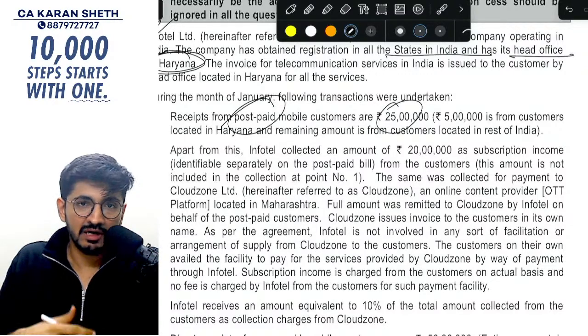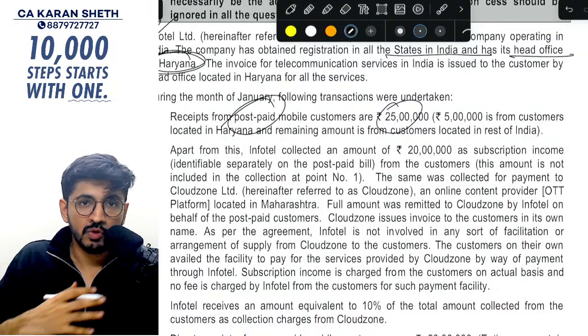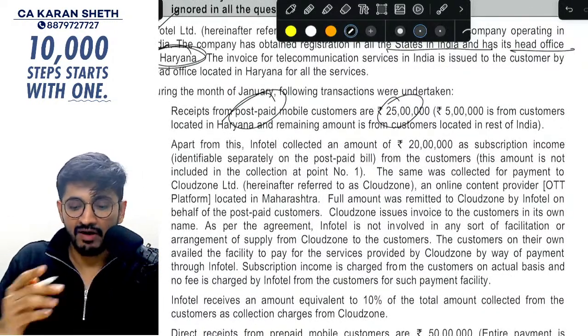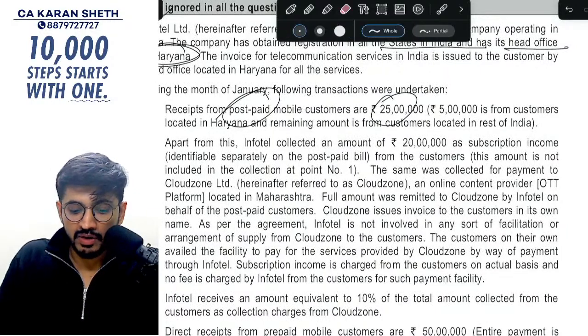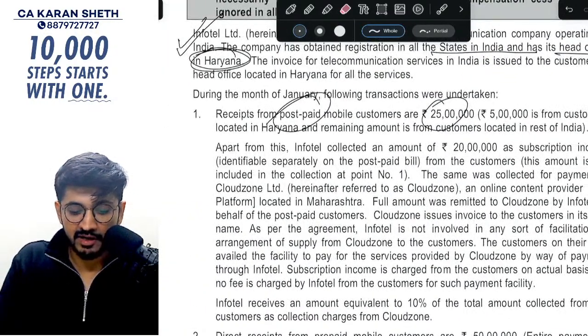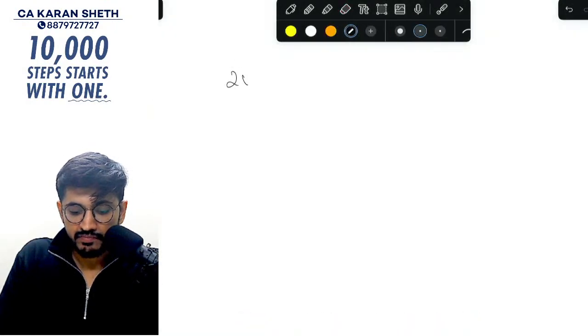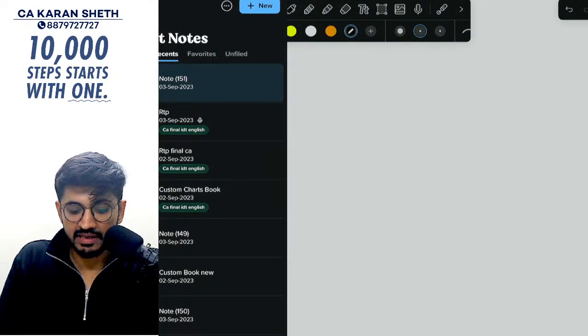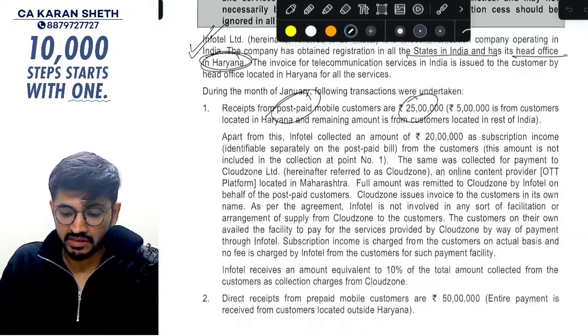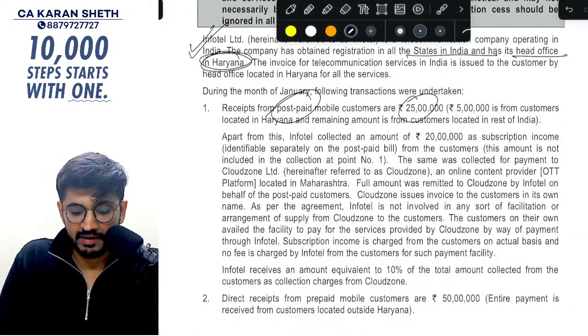We are not concerned here about C and S and I, so we will directly take the entire 25 lakhs as revenue. So 25 lakhs is definitely there, that we need to take into consideration. I'll write it here.